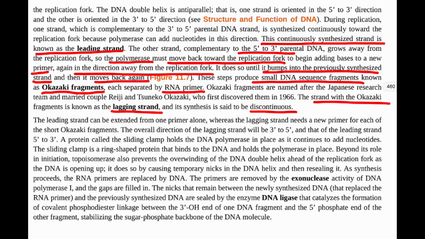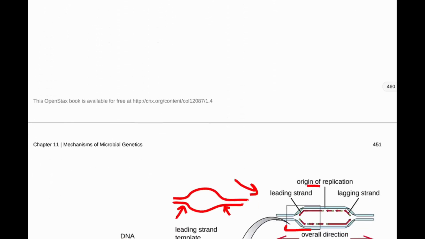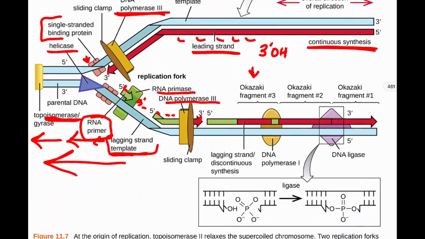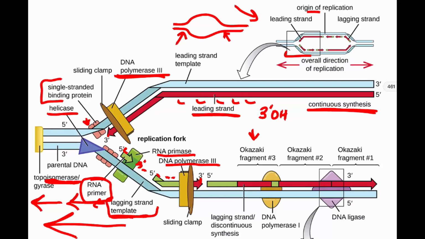Let's look at that image again, and then we can talk about the rest of it. Again, we have our leading strand up here, where we start with a primer, and then we add to the 3' end, and our DNA polymerase is able to just keep going. Our replication fork keeps getting further to the left.